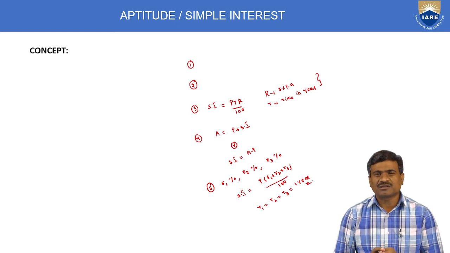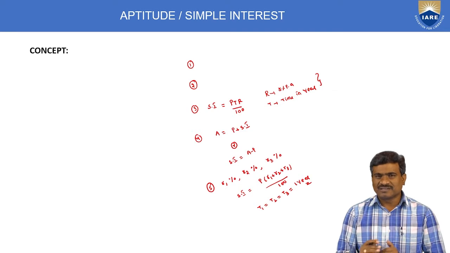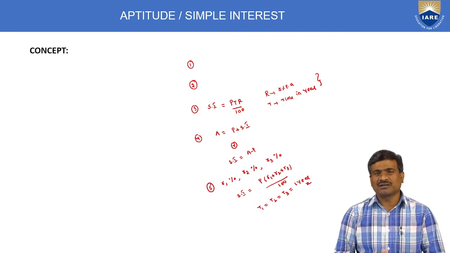When time is constant, simple interest is equal to P into R1 plus R2 plus R3 by 100. This is about the simple interest topic concept.